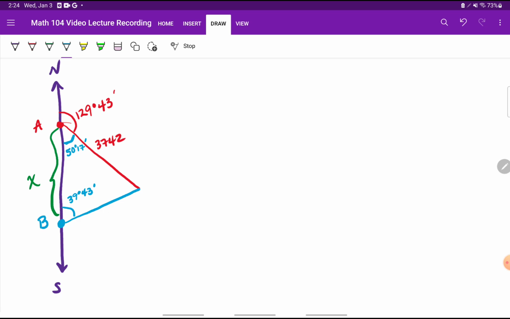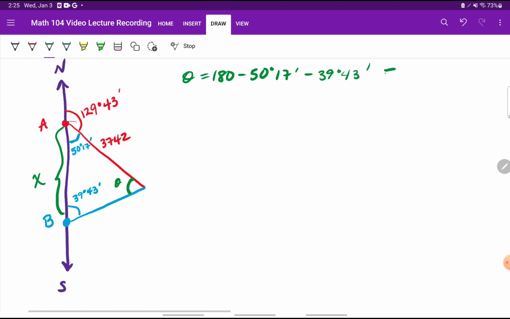We know that the sum of the interior angles of a triangle is always 180 degrees, so we could find the measure of our last angle here by simply doing 180 degrees minus these other two angles. Call that theta. And you see, when we do that, we're going to get 90 degrees.